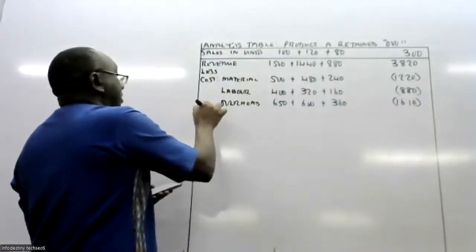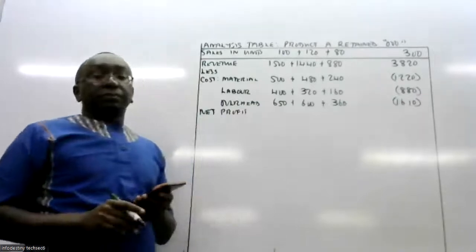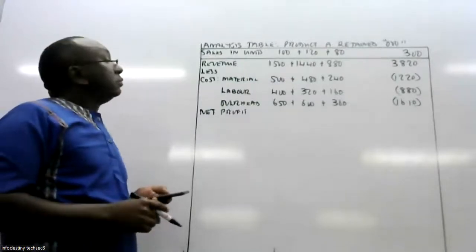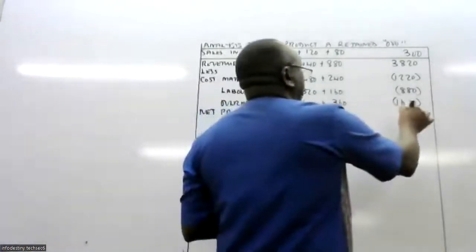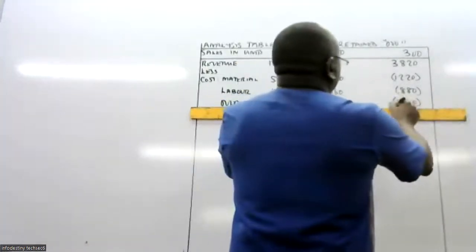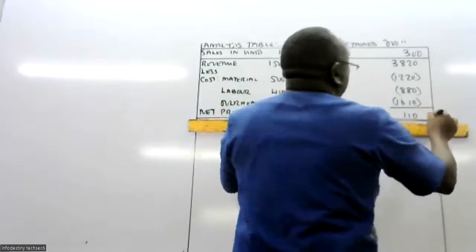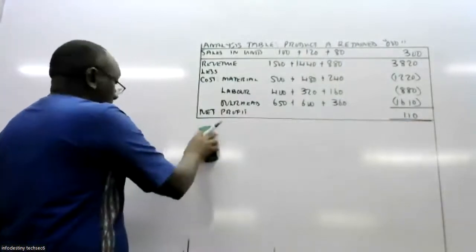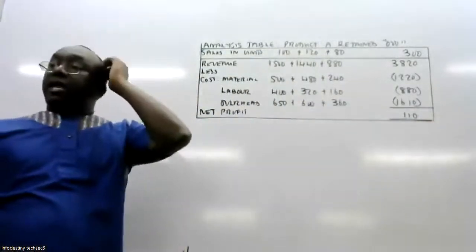So net profits. 110. So that is what happens if you retain product A.